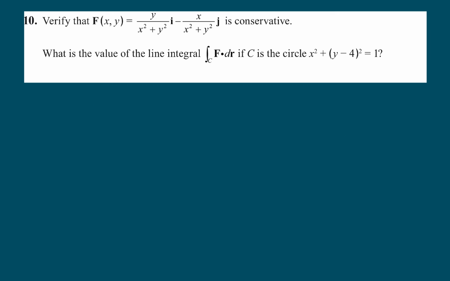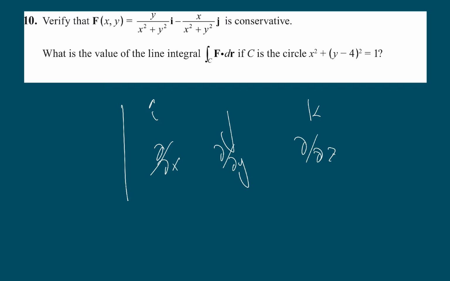Now let's do the last problem. It says, check if this is conservative. Well, it's easy to check. We take the determinant with i, j, k, partial with respect to x, partial with respect to y, partial with respect to z, then y divided by x squared plus y squared, minus x divided by x squared plus y squared, and 0.